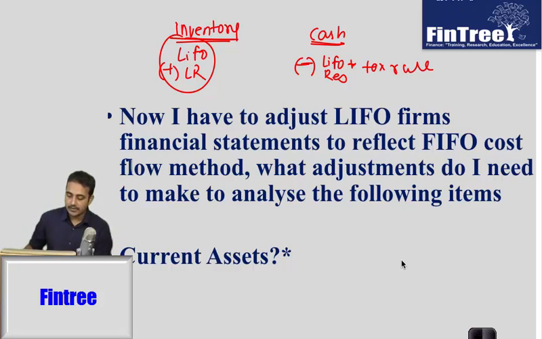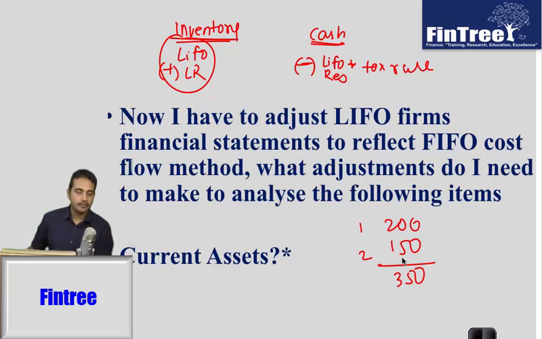But imagine your LIFO reserve right now is 350. It is made of two parts, 200 in year 1 and 150 in year 2. What if in year 1 the tax rate was 30% and what if the current tax rate is 40%? Then that cash difference, which was originally a function of taxability, which was a function of profitability, which was a function of COGS, would actually be calculated using these two rates separately.